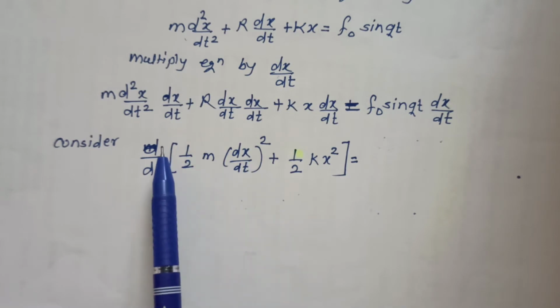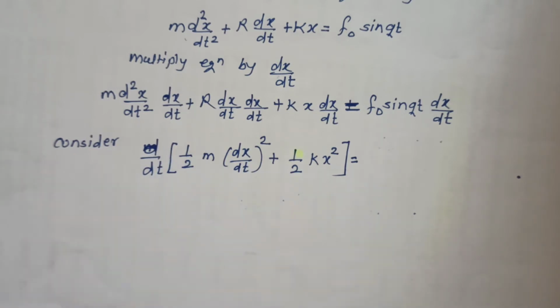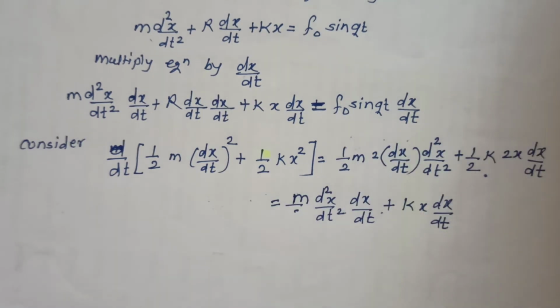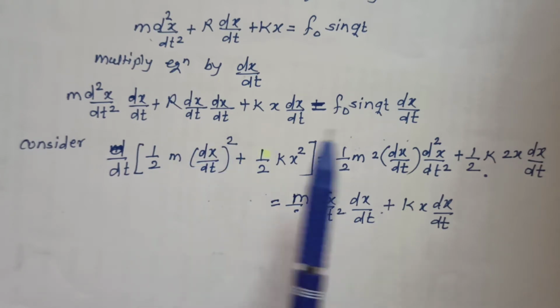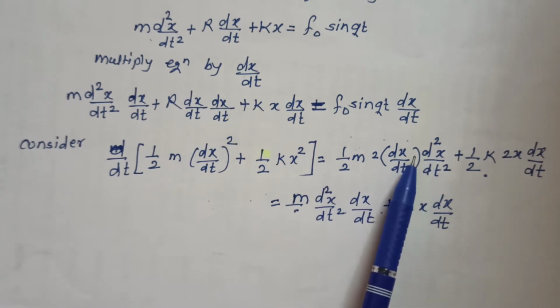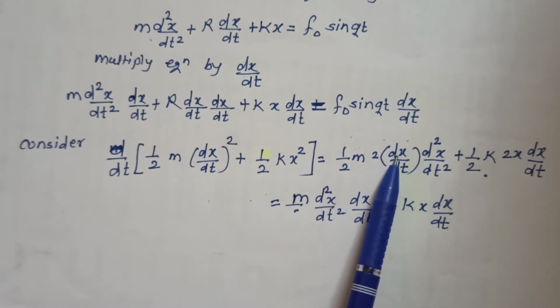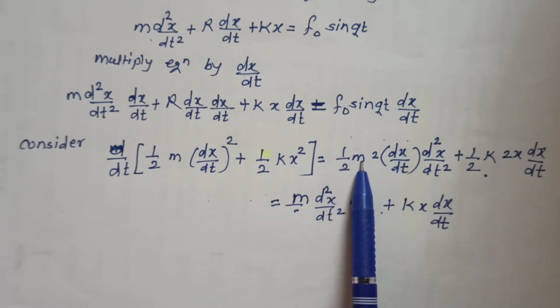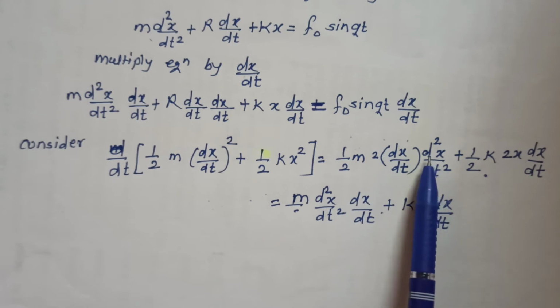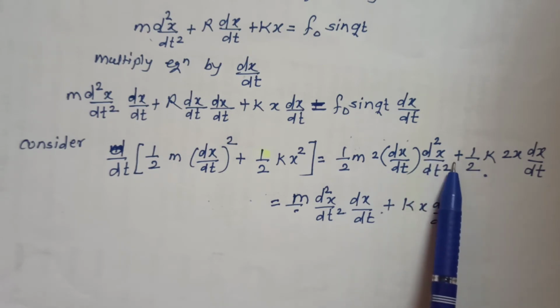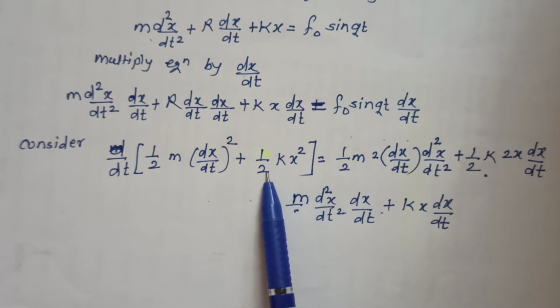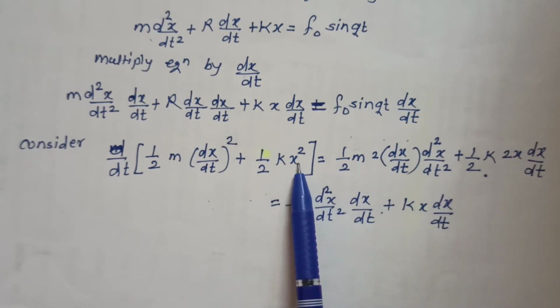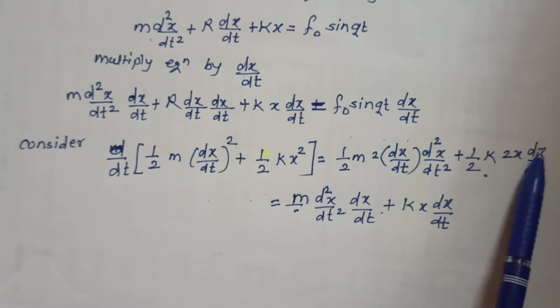The derivative of the first term: 1/2 m as it is, the derivative of (dx/dt)² is 2 (dx/dt) times d2x/dt². Then the derivative of 1/2 kx²: 1/2 k as it is, the derivative of x² is 2x dx/dt.